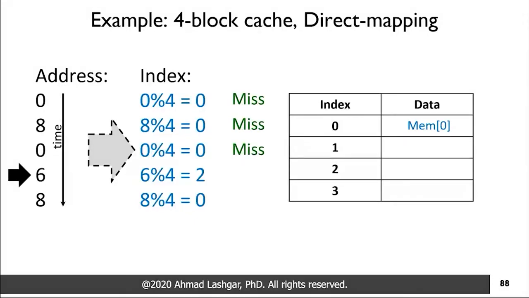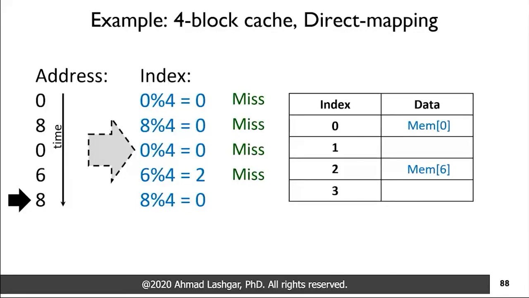Then we go to the next request, memory address 6, mapped to cache index 2. At index 2 of the cache, we don't have any data, so that's definitely another miss. Then we go get the data, bring in the data, and store it at index 2. And the last request, for address 8, maps to index 0.